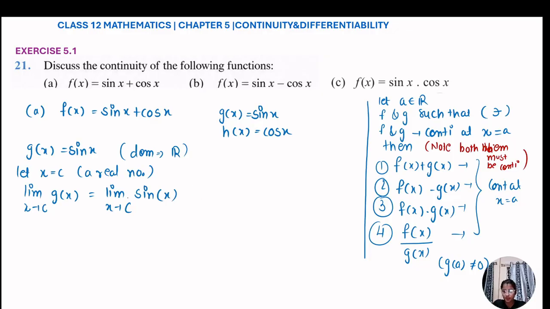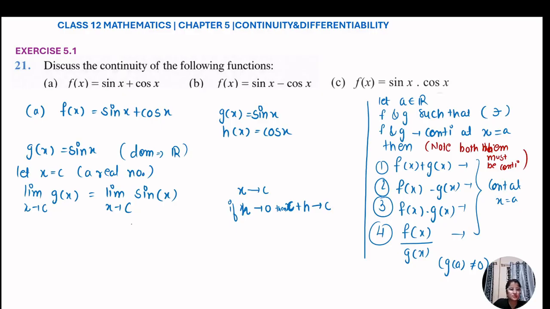When we have to find the limit of sine, what we always do is change the limit. If h is tending to 0, then c plus h will tend to c.